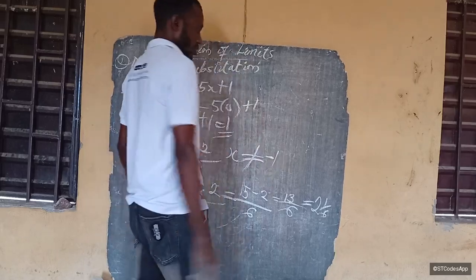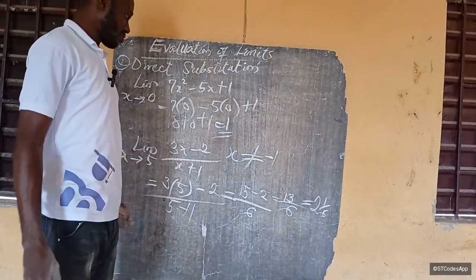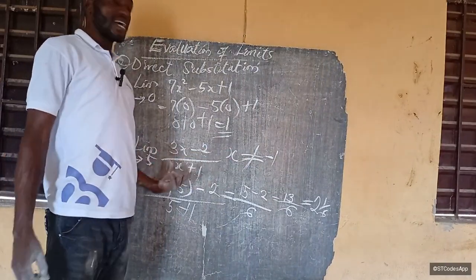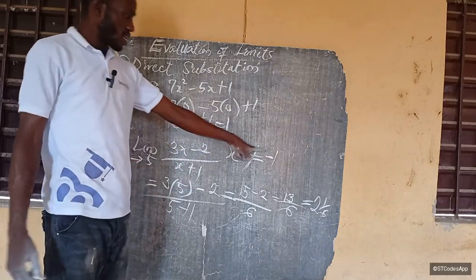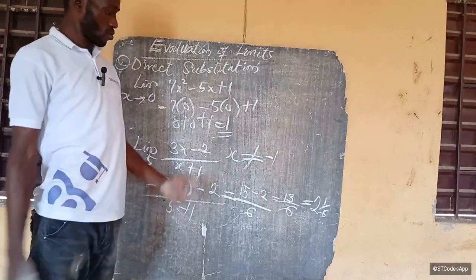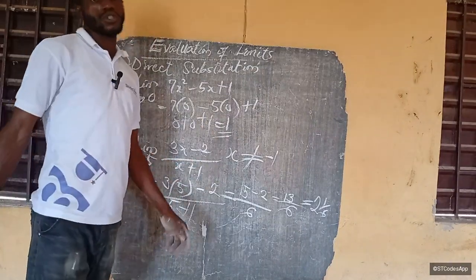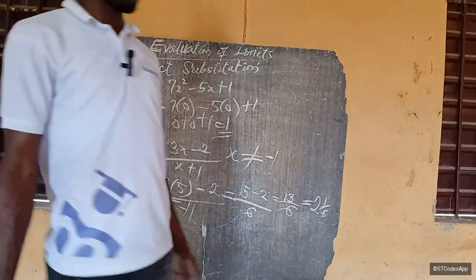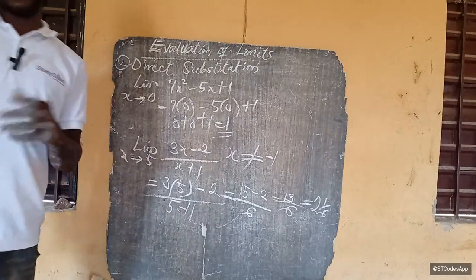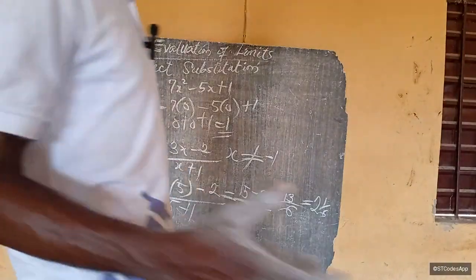The only condition where this direct substitution will not work is if x is minus 1, because that will make the function what? Indeterminate or undefined. Okay.